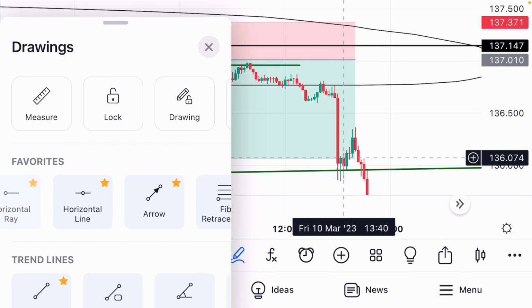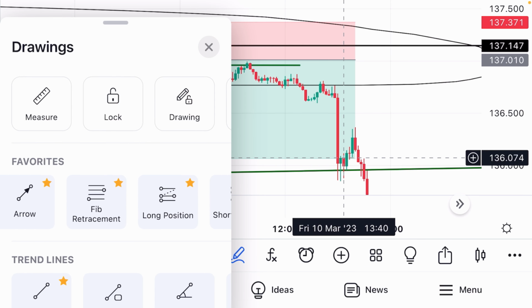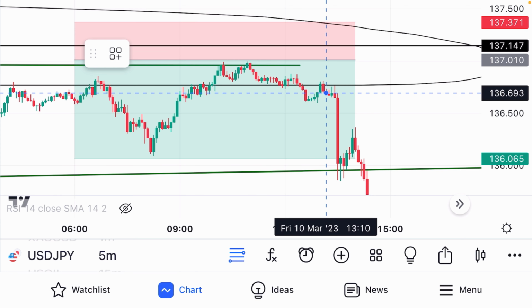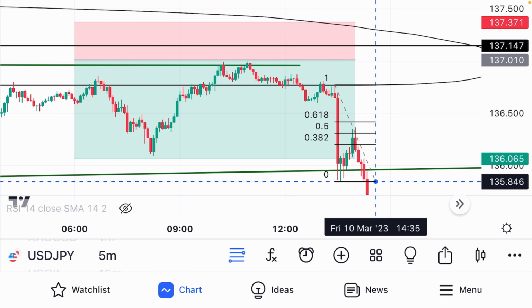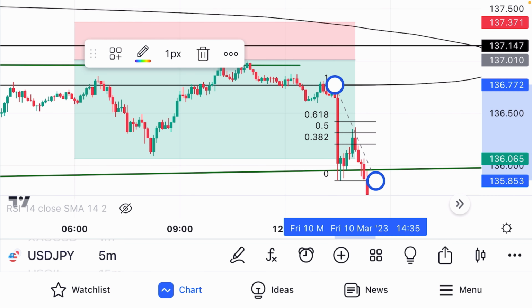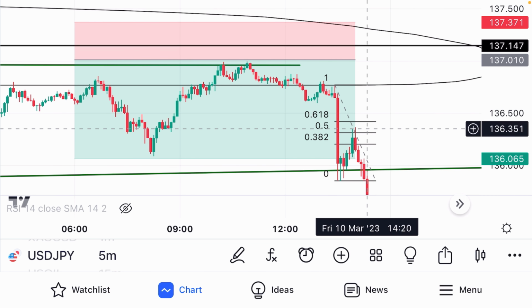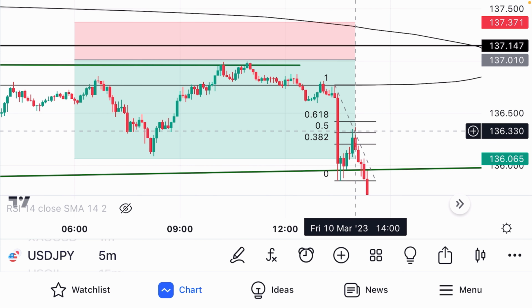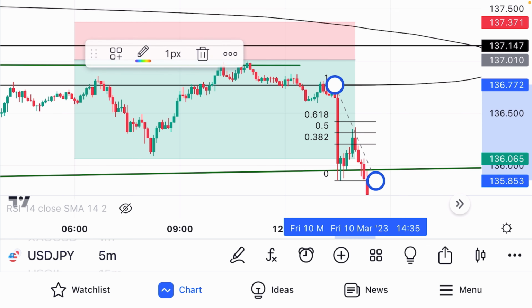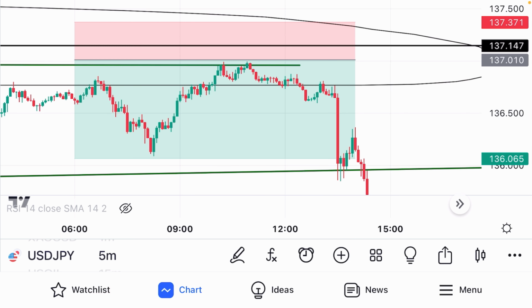So what I did, I got my fib retracement tool out, as I normally do, and placed it right there, and I saw that prices had failed to go through this 0.5 retracement level. So I was sure that prices were going to move to the downside, but I didn't want to risk it because we had two economic news events being released at the same time.